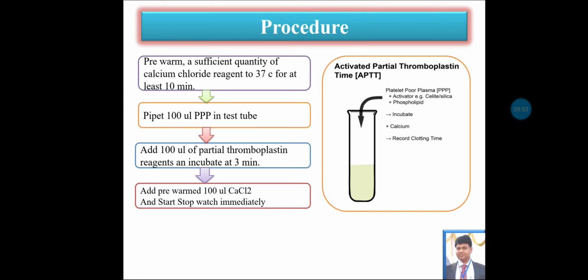So we pipette out 100 microliter of platelet poor plasma in a test tube, and to this we add 100 microliter of partial thromboplastin reagent and incubate for 3 minutes. And to this at last we add calcium chloride, usually around 100 microliter, and as soon as we add this calcium chloride to the solution, we start the stopwatch and record the clotting time.